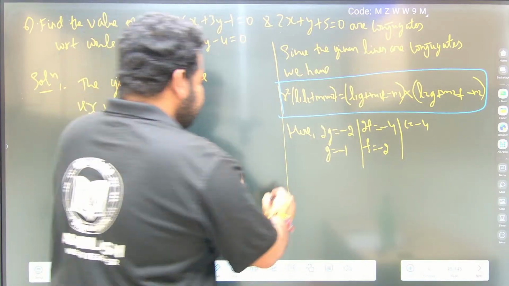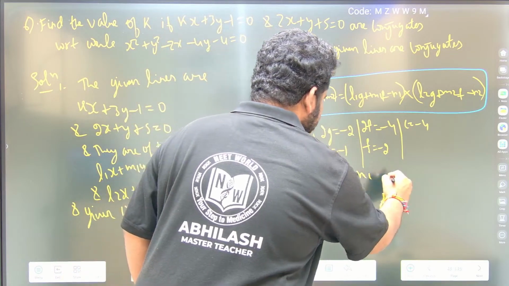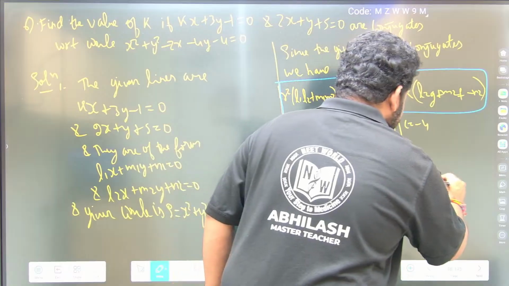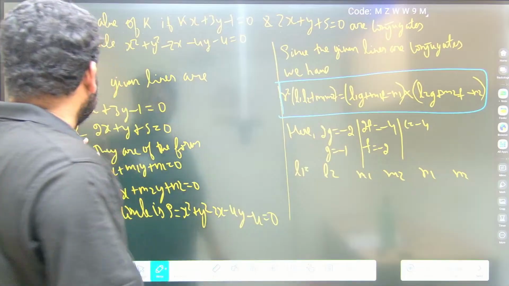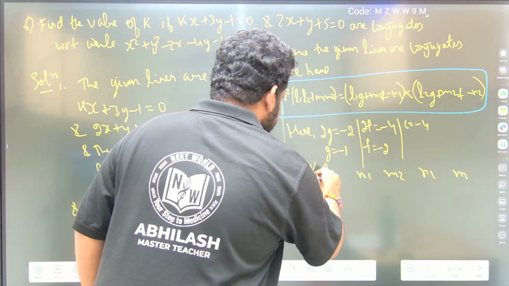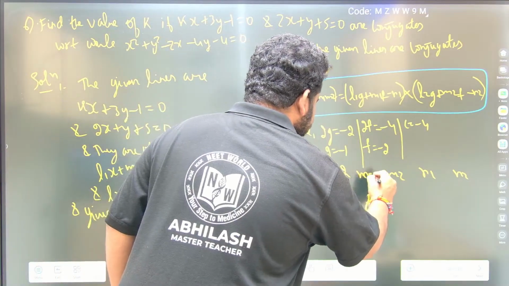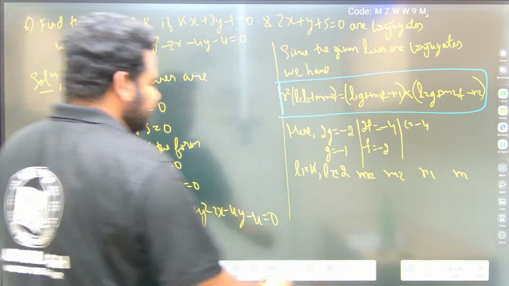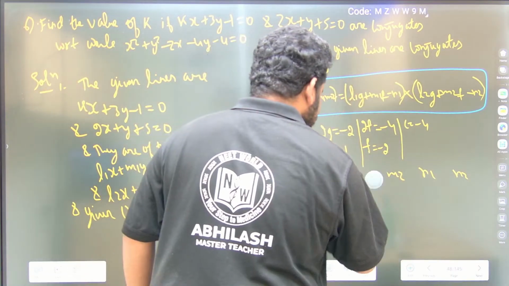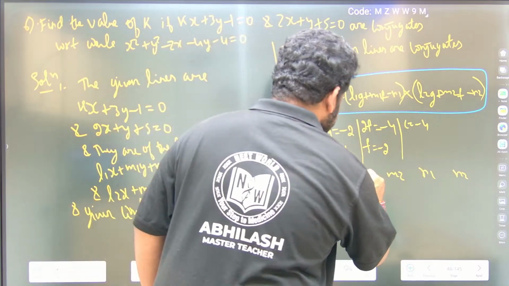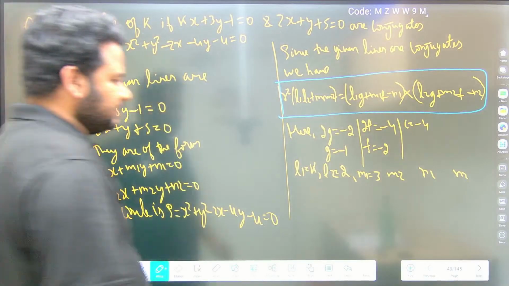Now let us find L1, L2, M1, M2: L1 is nothing but k, L2 is 2, M1 is 3, and M2 is 1.